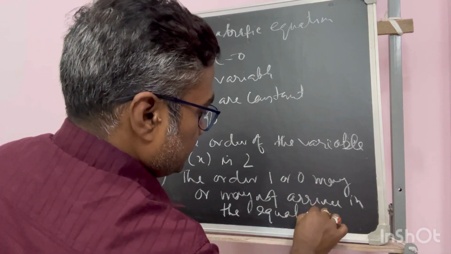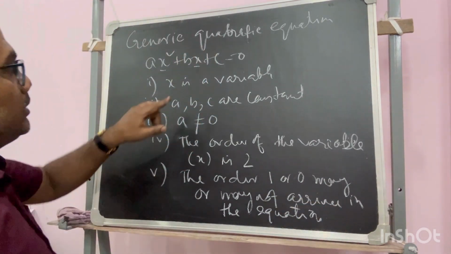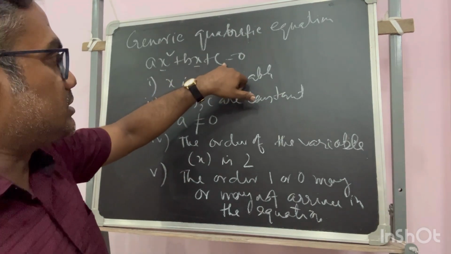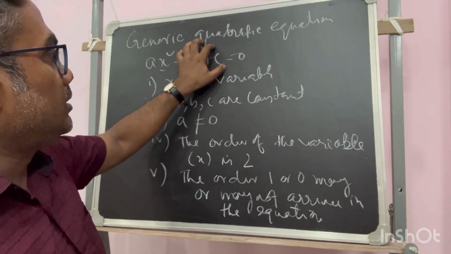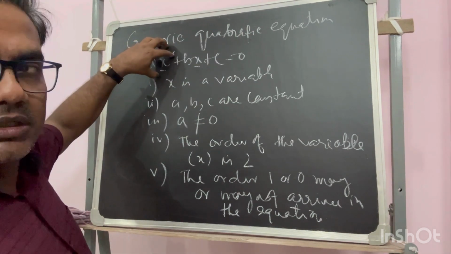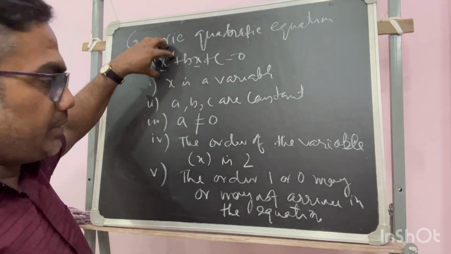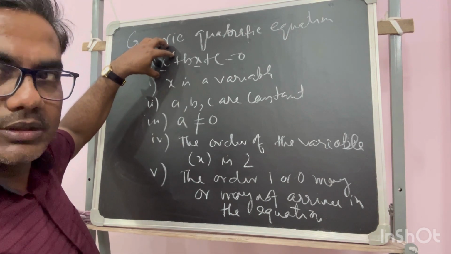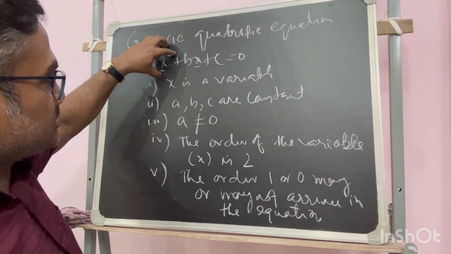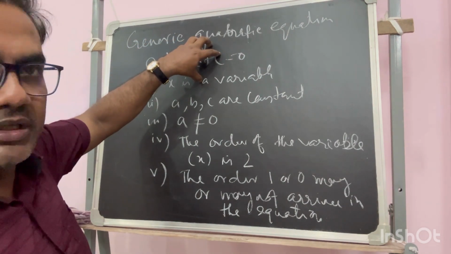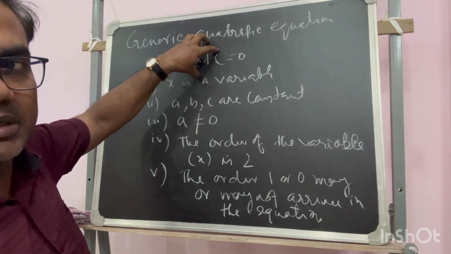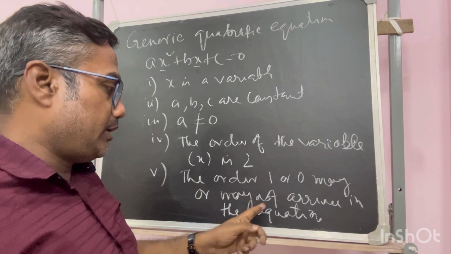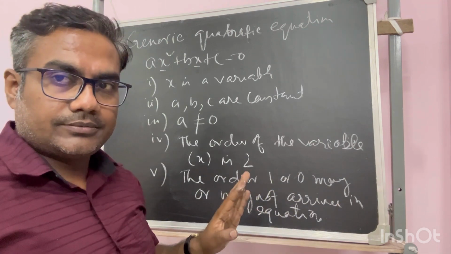So it's not that if I don't find x order 1 or x order 0, that means a constant. Even if it is not there, this can still be said to be a quadratic equation. Okay, so this part is a must, this part is not a must. It will be an associate part.